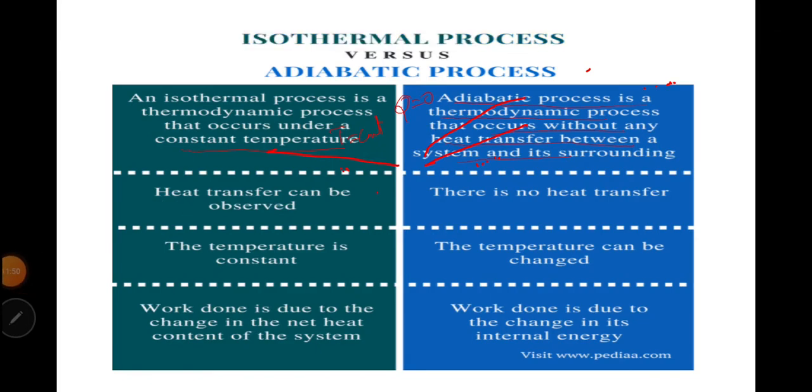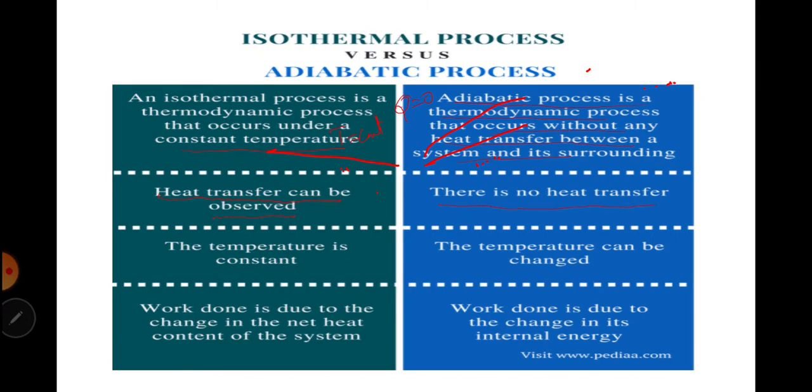Now, heat transfer can be observed because to keep the temperature constant, sometimes in an isothermal process heat will be released and sometimes it will be absorbed from the reservoir, the heat sink or high temperature reservoir.